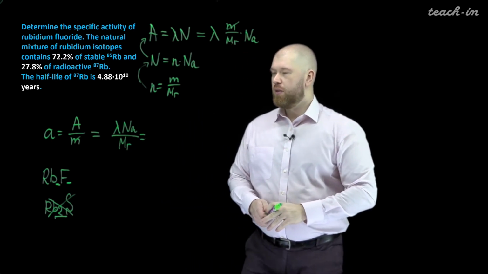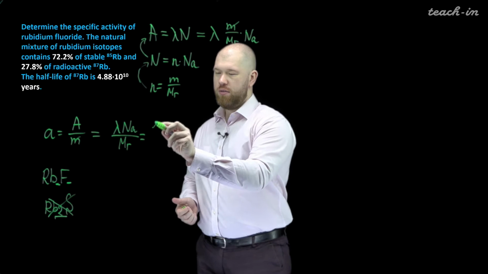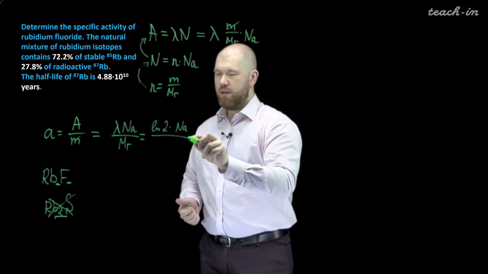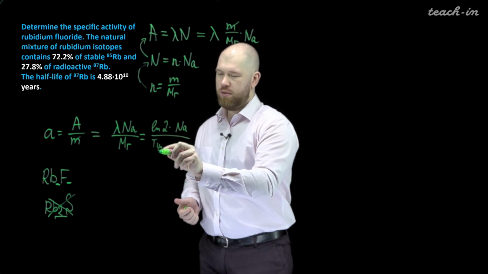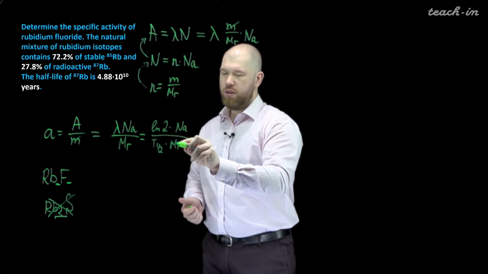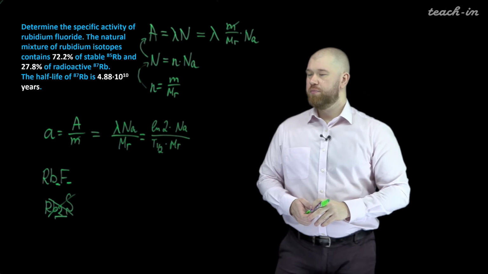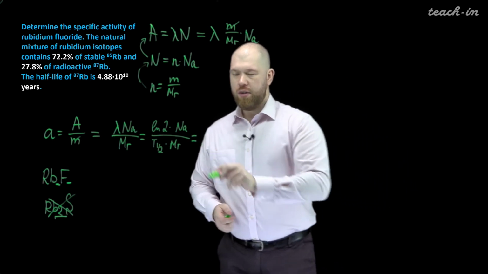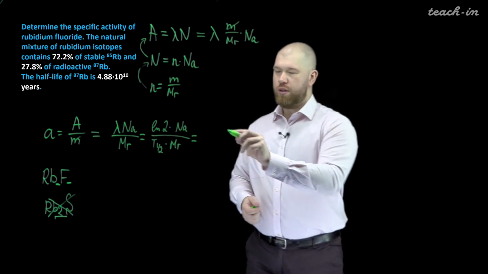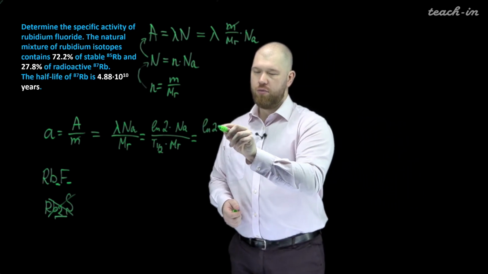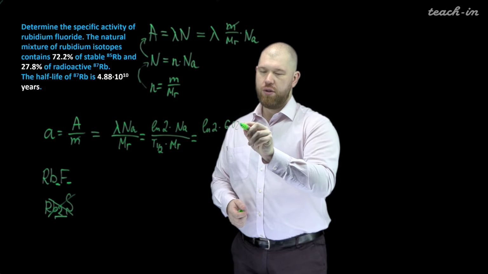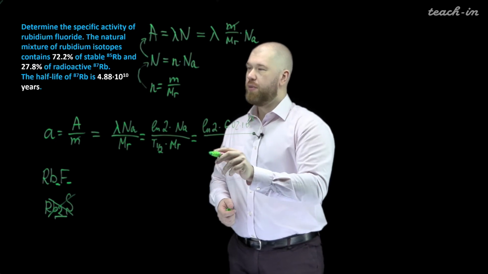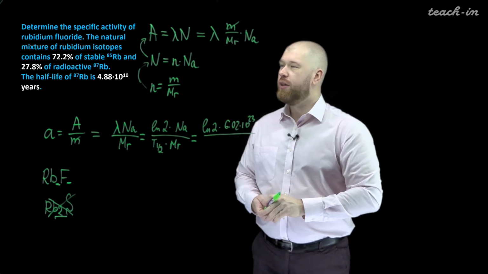And lambda is logarithm 2 divided by the half-life of rubidium, and here's molar mass. And again, as usual, we now put numbers. It's logarithm 2, 6.02 times 10 to 23, divided by the molar mass.